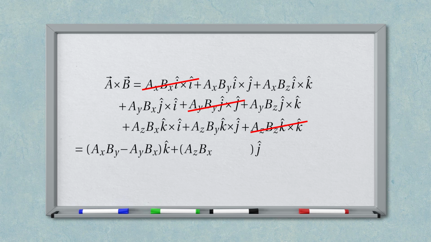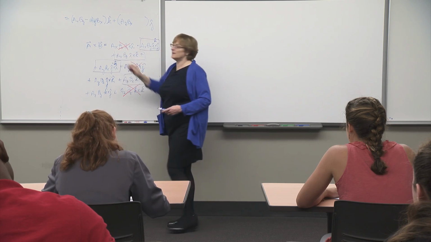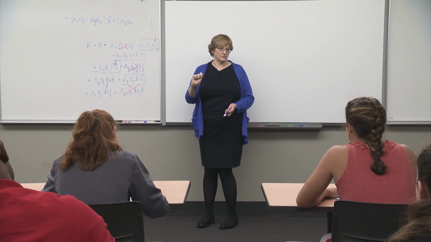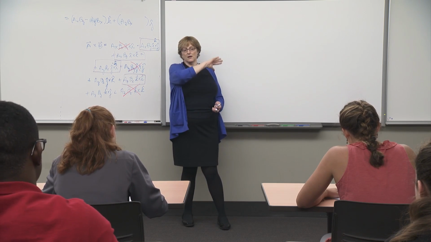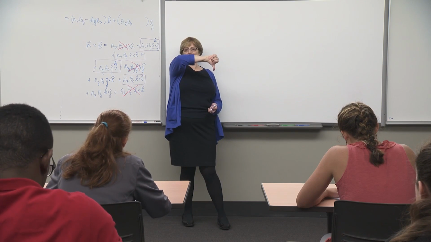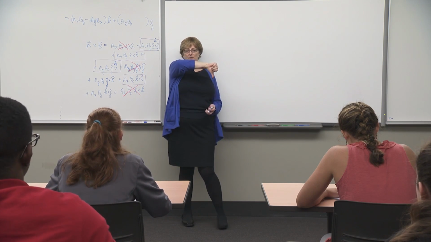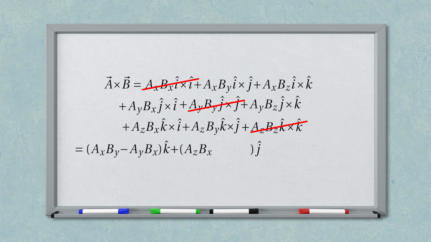But I've also got an i cross k. And i cross k must be minus j, right? Because it's reversing the order of the vectors. Let's double check it. I this way, cross k. Okay, k is out, so I'm in the minus j direction with my right hand. Okay, so this will be minus ax bz.